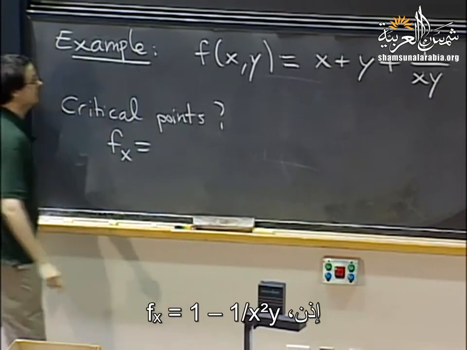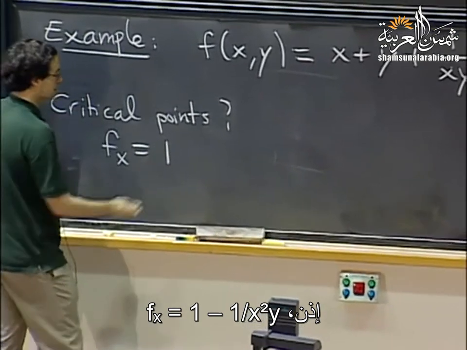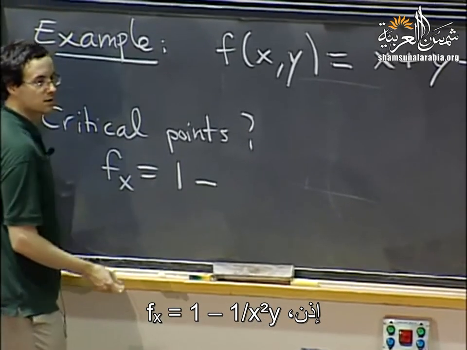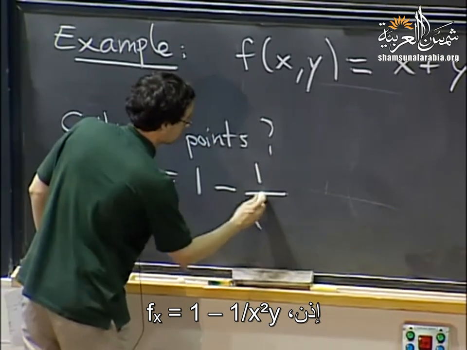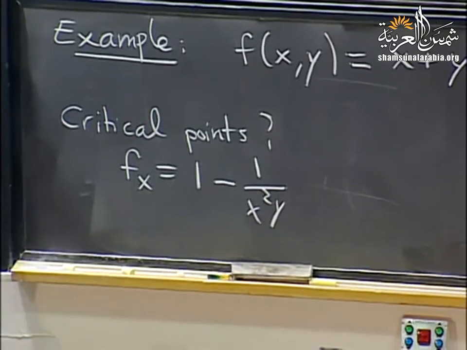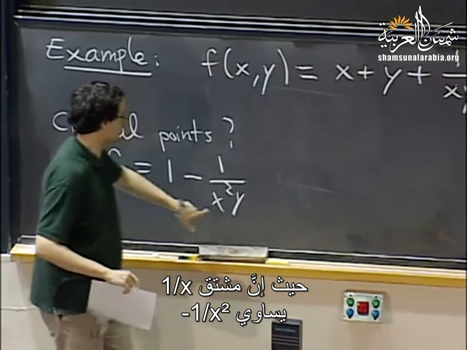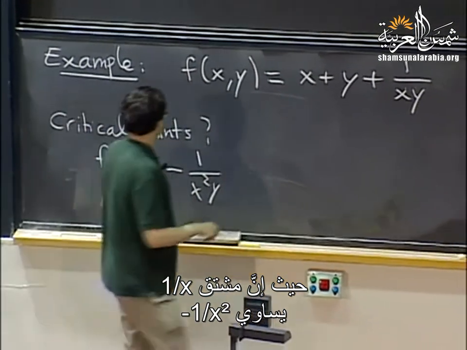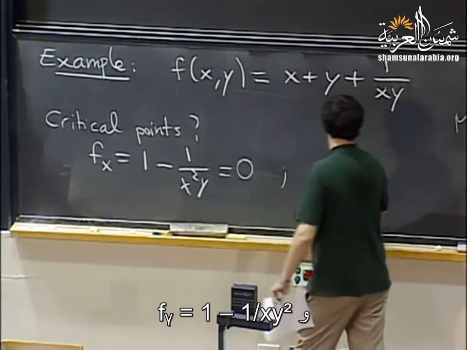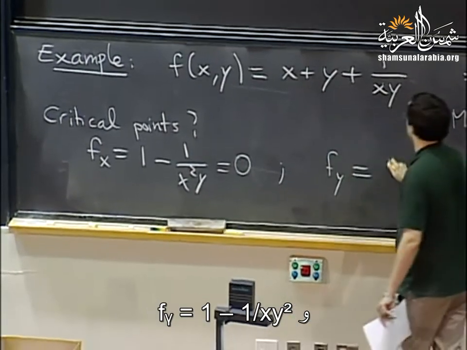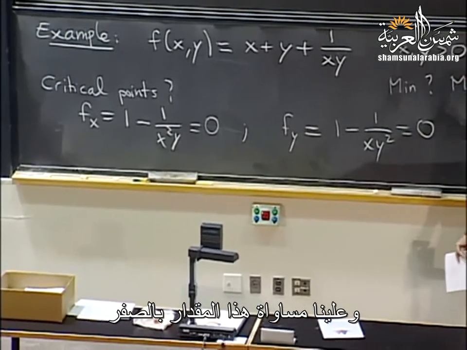So f sub x is 1 minus 1 over x squared y. Take the derivative of 1 over x, that's negative 1 over x squared. We'll want to set that equal to 0. And f sub y is 1 minus 1 over x y squared, and we want to set that equal to 0.